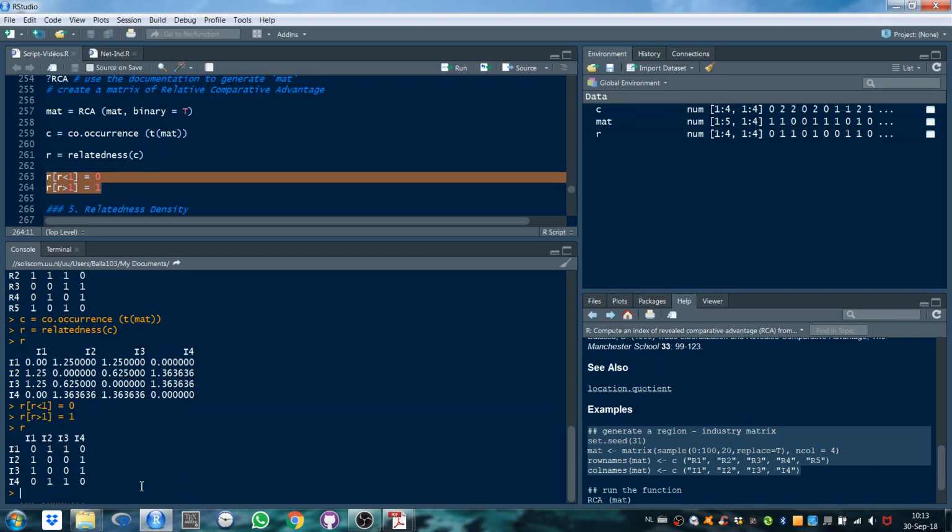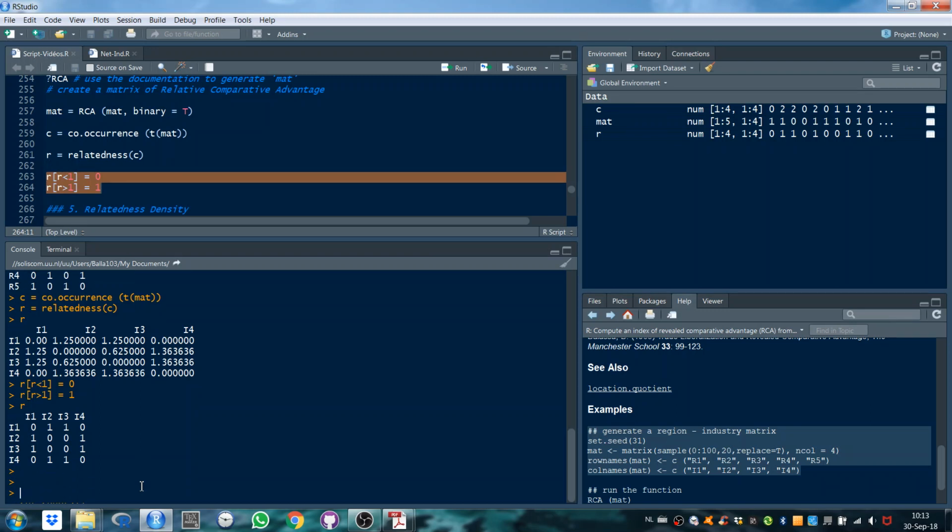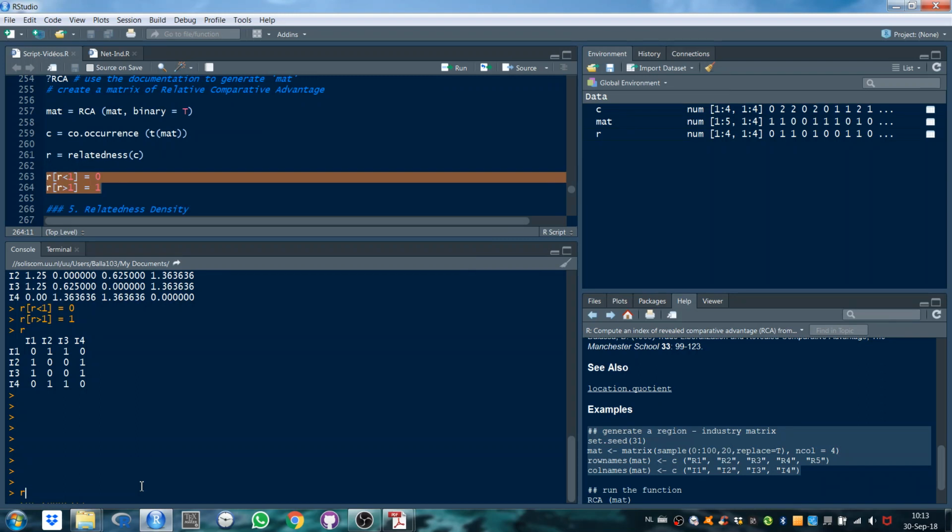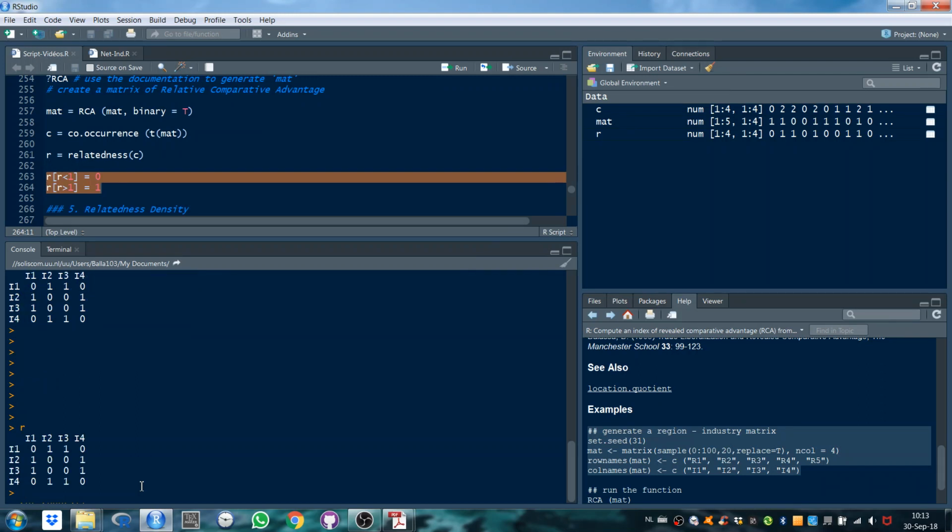There are two very important things that we need to go further. The first one is a matrix of relatedness, our product space. That's going to be our tool to predict entry. The second one is a matrix where we know by whom these industries are produced. You see here the columns perfectly match. This is very important.